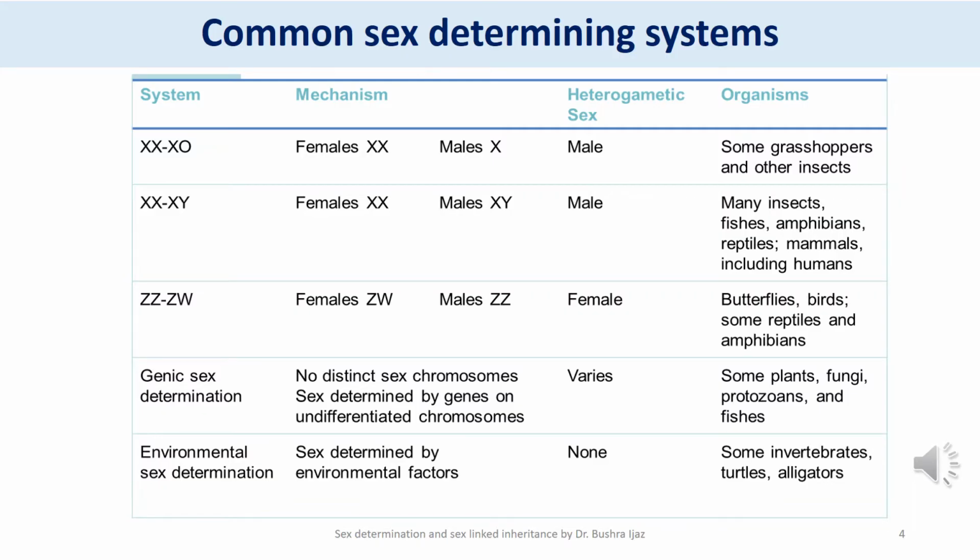Before starting the second part of sex determination and sex-linked inheritance, let me briefly explain what we have studied so far in the previous part of this series of lectures.